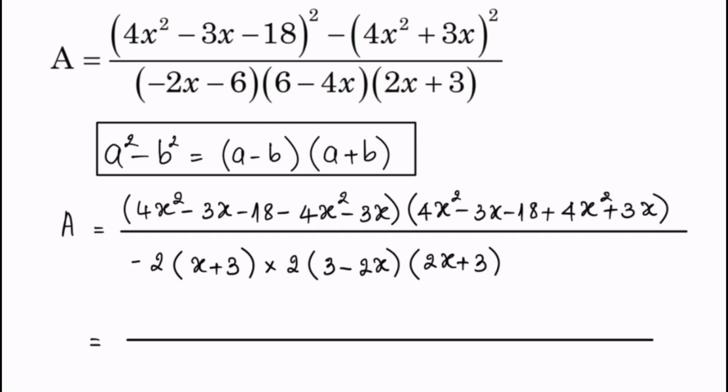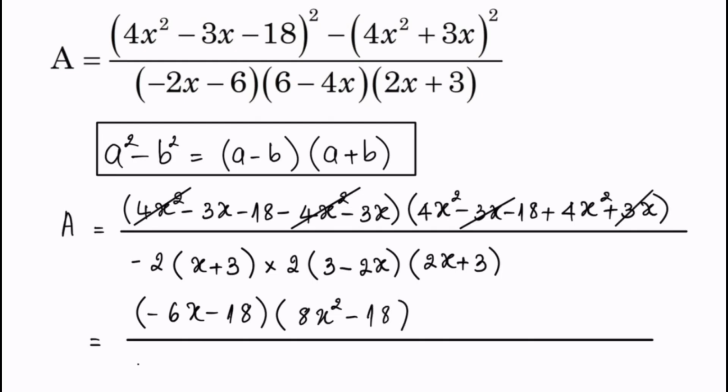Now we have 4x squared, and 4x squared here can cancel out, and that will give negative 6x minus 18 factors. So this negative 3x can cancel out, and then we will get 8x squared minus 18.